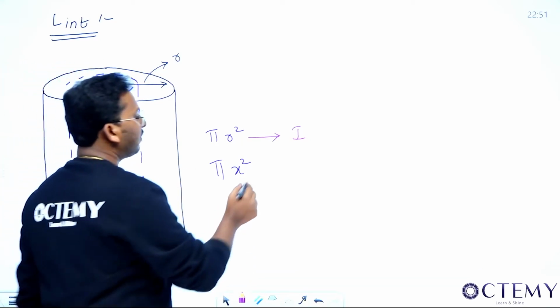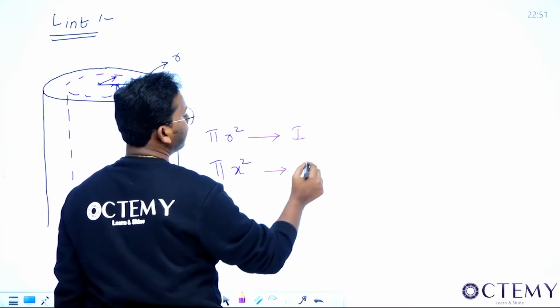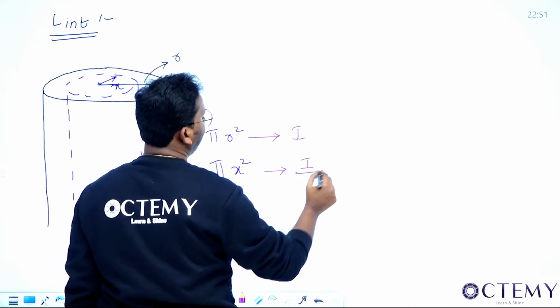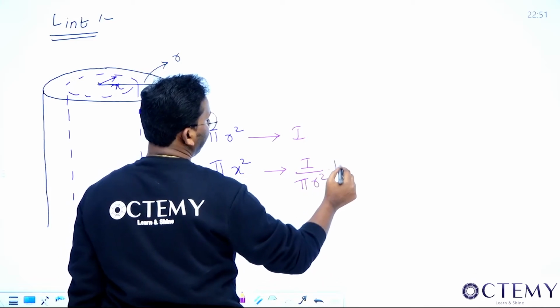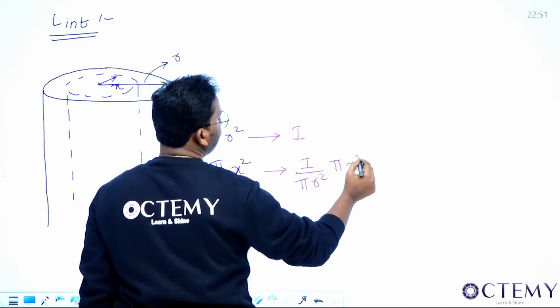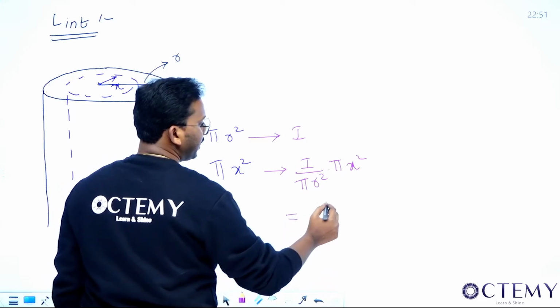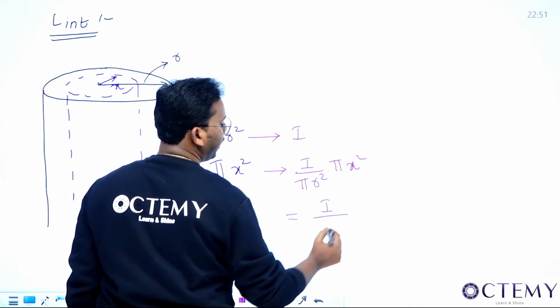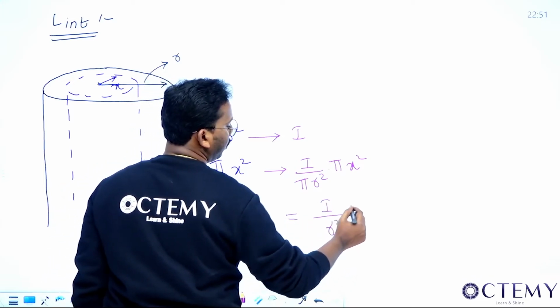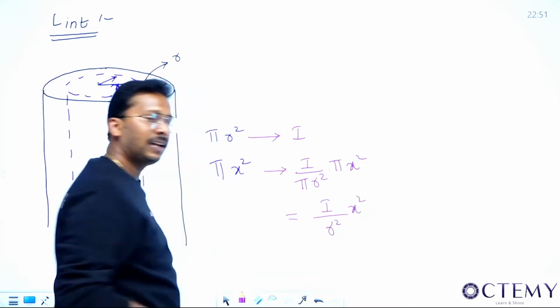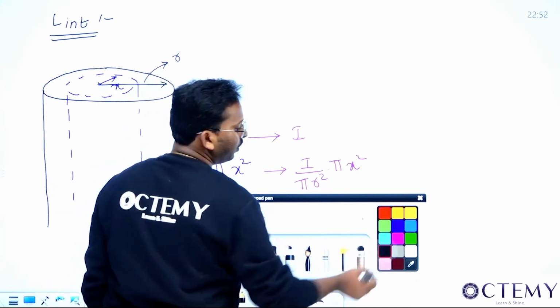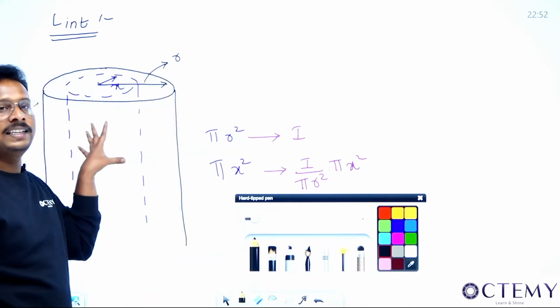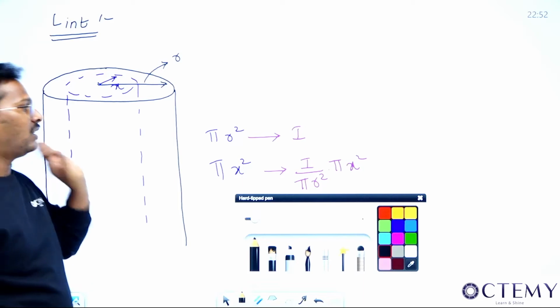So from pi x square, how much you will get, sir? From pi x square, you will get I by pi r square into pi x square. That is basically I by r square into x square, right? One assumption you'll have to make is that whatever the field intensity is inside this conductor is constant.